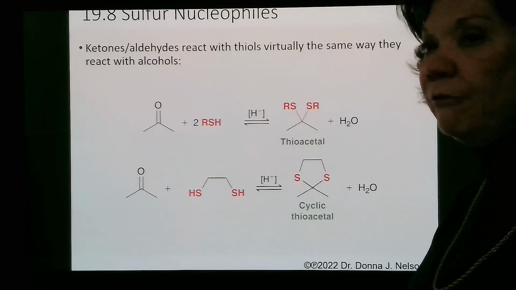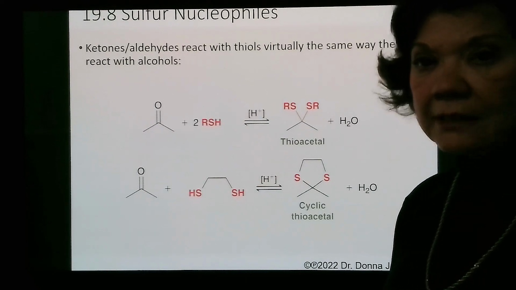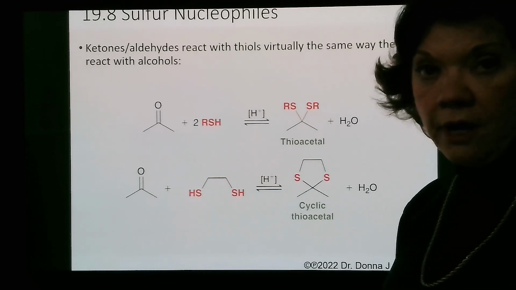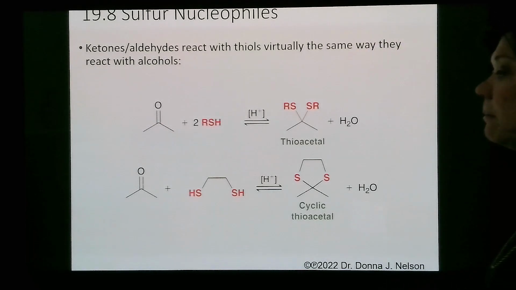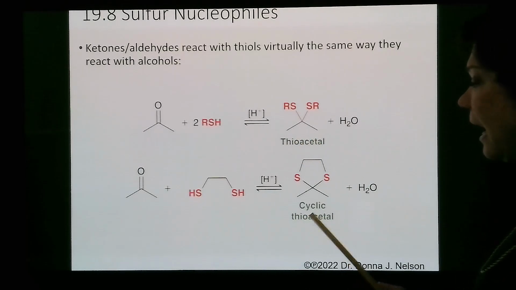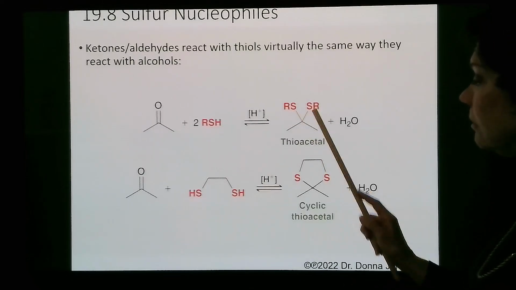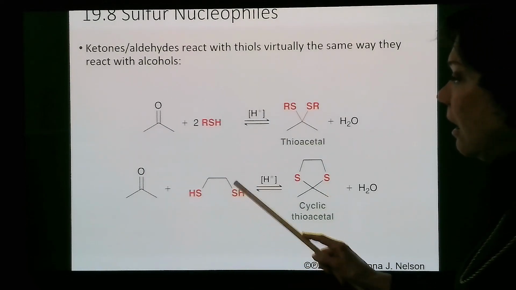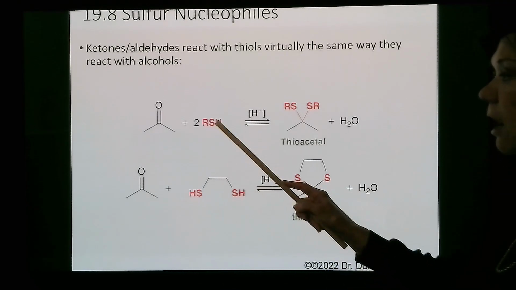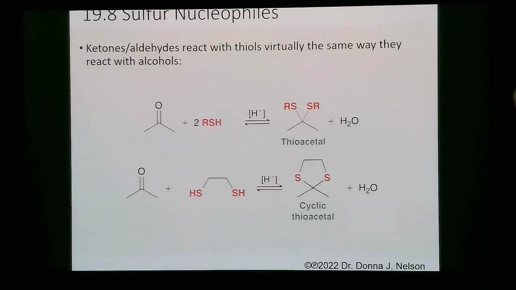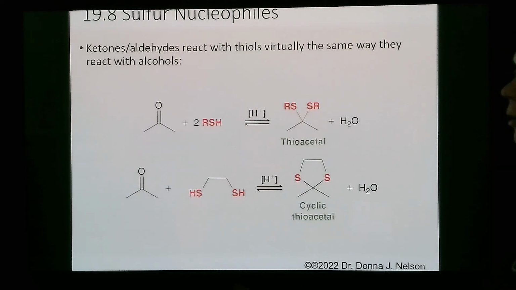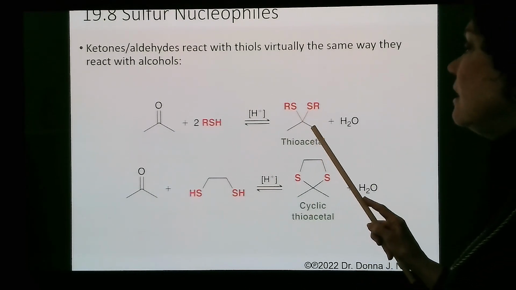Now for sulfur nucleophiles, you may remember in the last lecture I pointed out that sulfur is just below oxygen in the periodic table, and so remember we saw the formation of acetals and cyclic acetals with oxygen. If one substitutes sulfur compounds instead of oxygen compounds, you might expect to be able to generate the corresponding sulfur products. And indeed, one does.